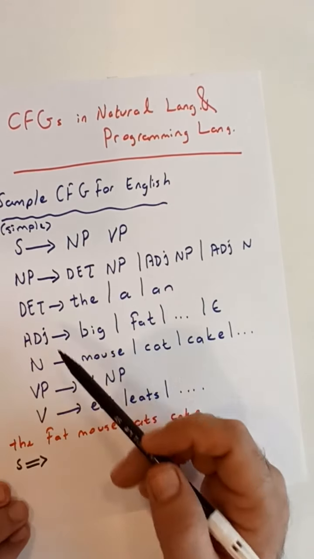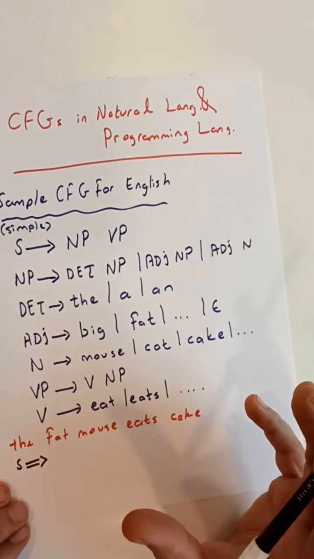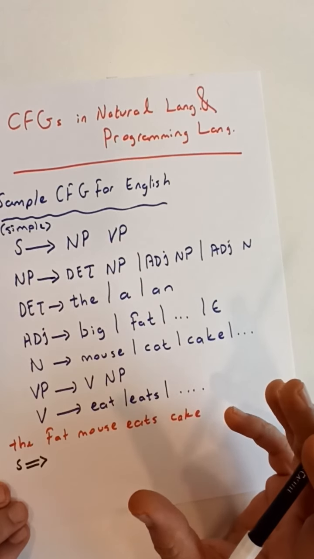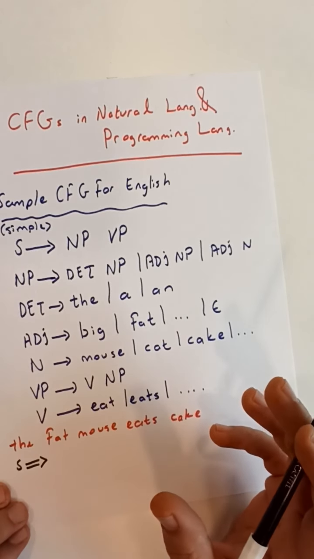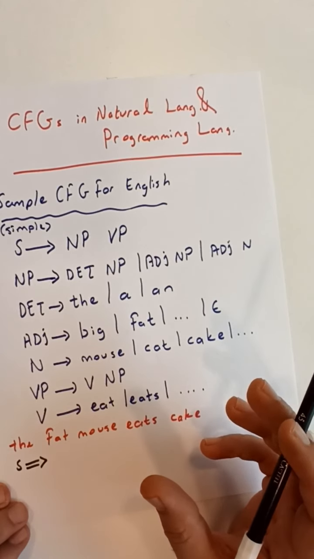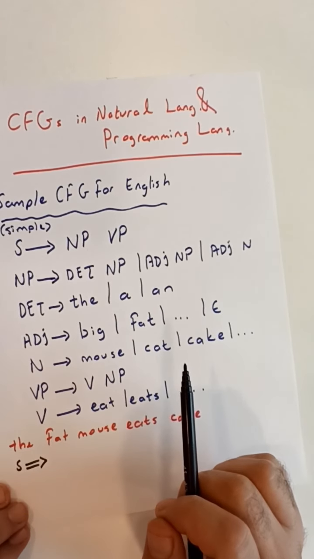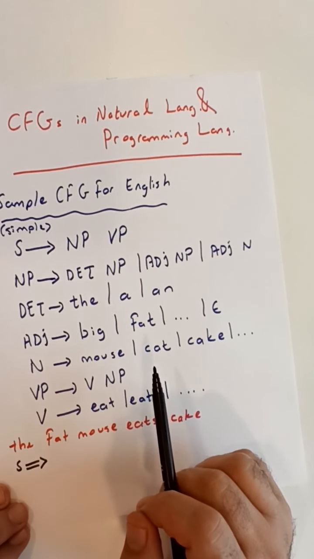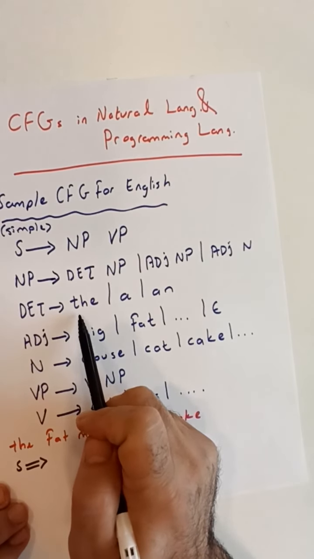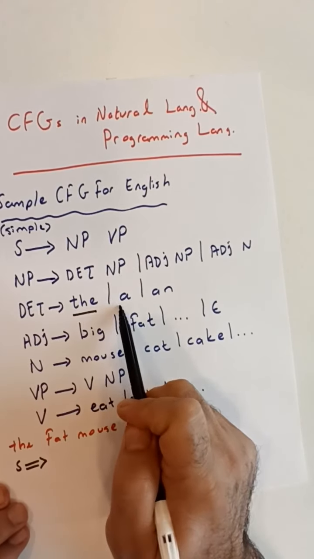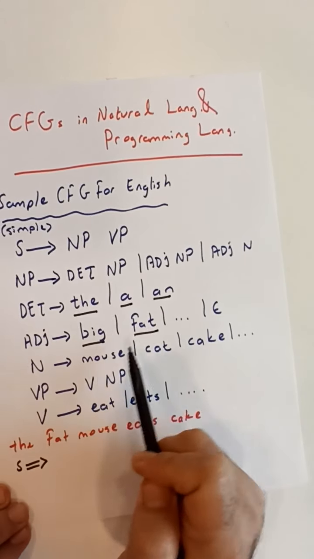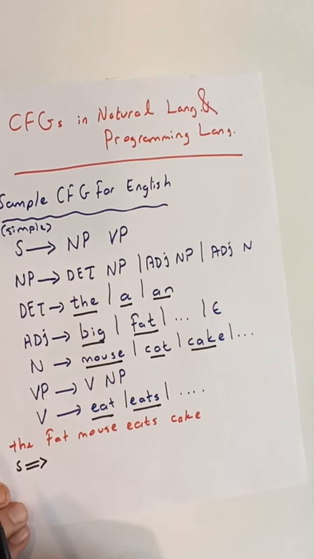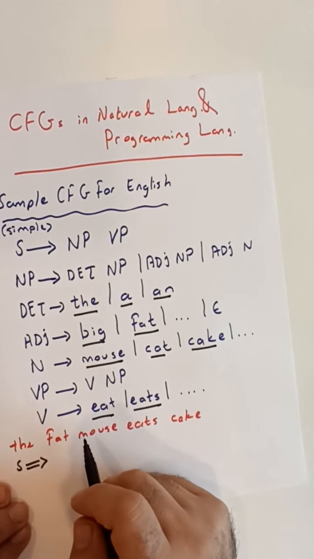So far we have considered simpler grammars where our terminals were just simple symbols such as zeros or ones, or characters such as A's and B's. But in the case of a grammar for the natural language, we can have terminals that are words themselves. So the is a terminal, a, an, big, fat, mouse, cat, cake, eat, eats, all these are terminals. The terminals are denoted with lowercase letters.